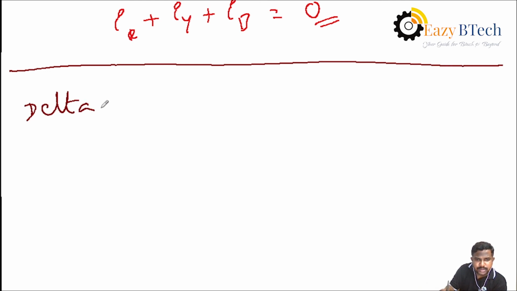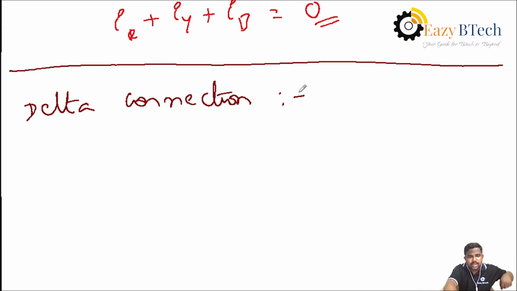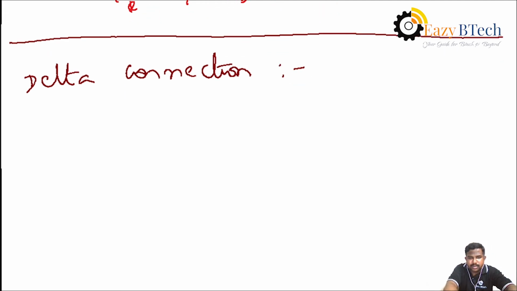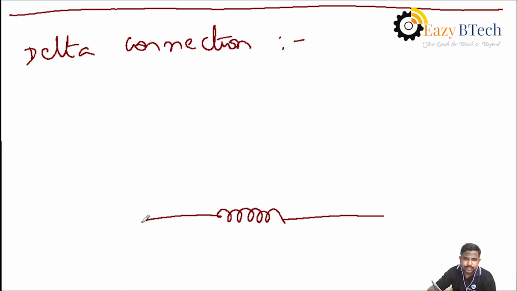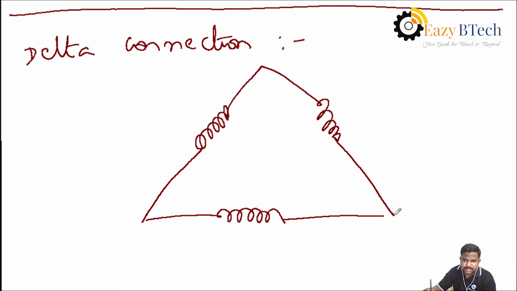In a similar manner, the second connection is delta connection. The three phase windings should be connected in the form of delta. Delta means a closed loop. This is one phase, this is the second phase, and this is the third phase.